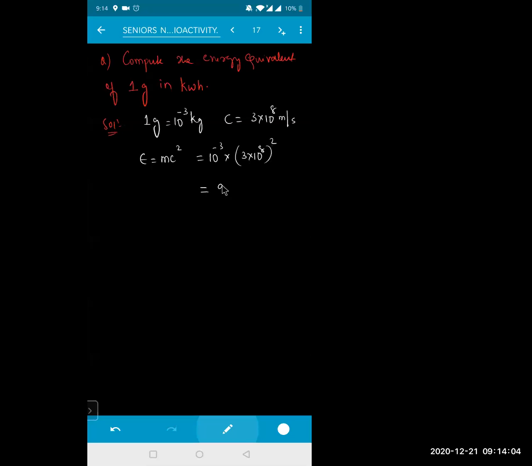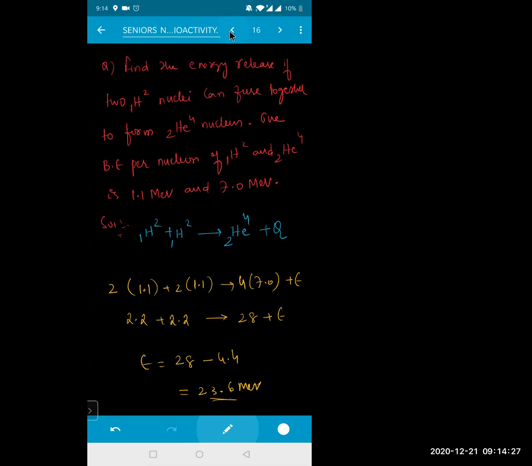That will be equal to 9 into 10 to the power of 13 joules of energy. So 1 kilowatt hour will be equal to how much? 1 kilowatt hour is equal to 36 into 10 to the power of 5 joules. I already said this earlier.